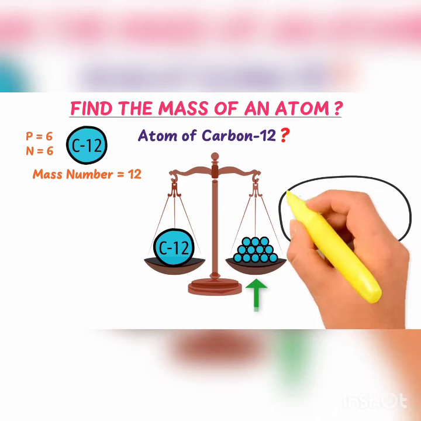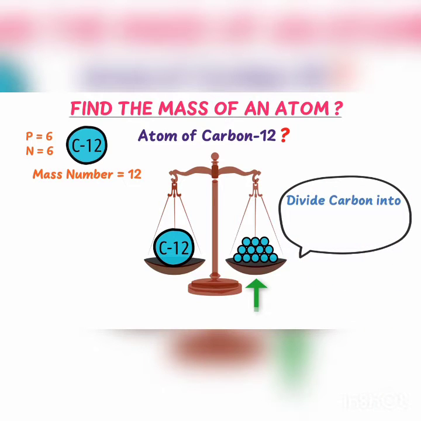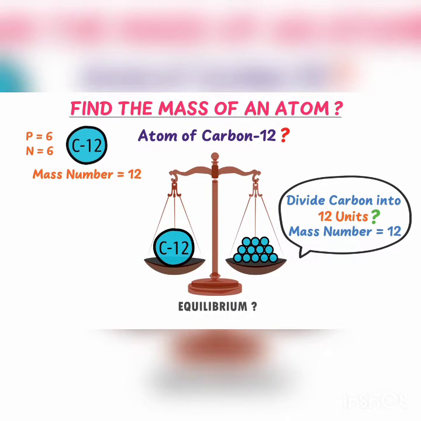Now I have divided this carbon 12 into 12 units. Why have I divided them into 12 equal units? Yes, I have divided them into 12 equal units because the mass number of the carbon atom is 12. Now let me again ask you, is the balance still in equilibrium?